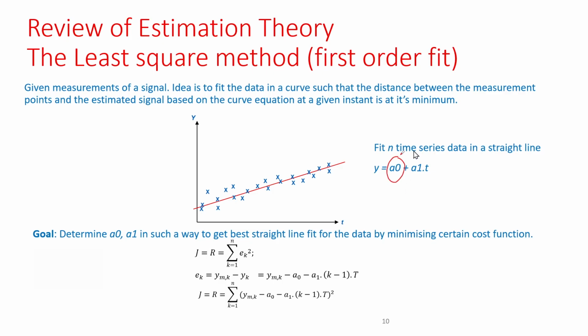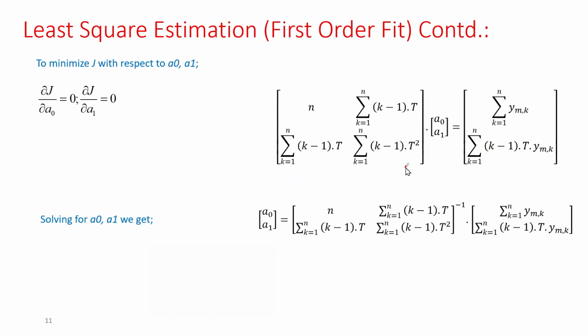You have two coefficients A0 and A1, the position coefficient is A0, the velocity coefficient is A1. We did a least square estimation with the measurement minus predicted, the square of that error, as our cost function, and we solved for A0 and A1 by solving an optimization problem. We discussed this in the last class.